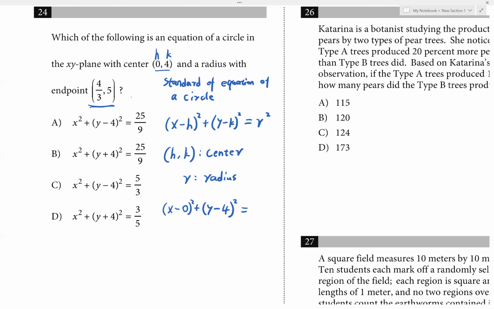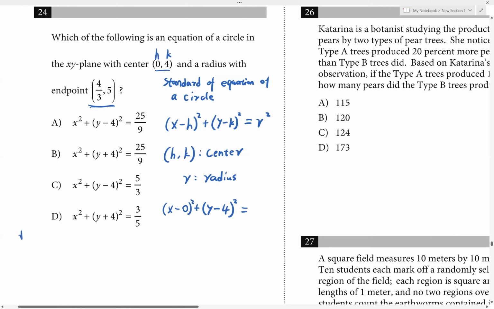We know the radius is between these 2 points, so the distance of the radius, we can solve using the distance formula. We can solve for the distance between these 2 points, and that distance should be the radius. So we try that.